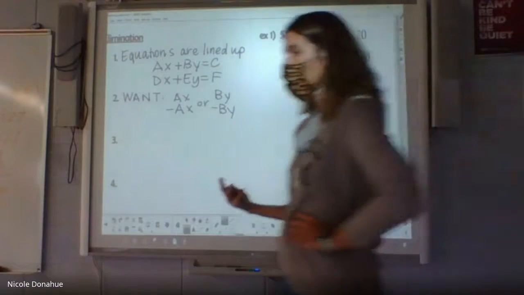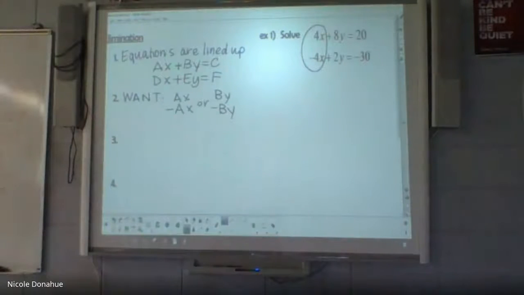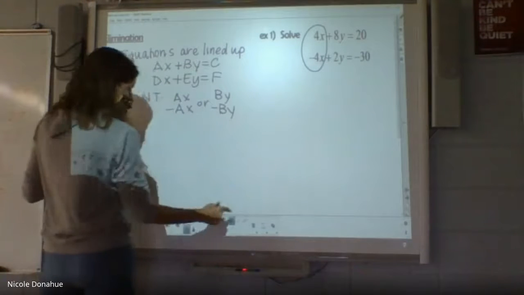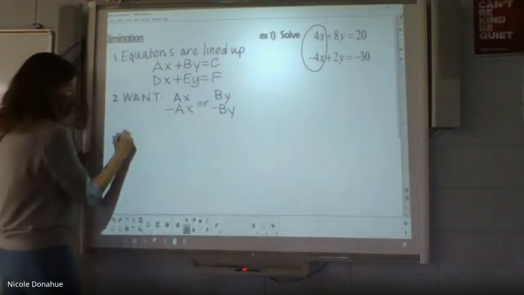So what we're going to do is just add these equations together. Now, before we write our step 3, I'm going to put a little asterisk in here.